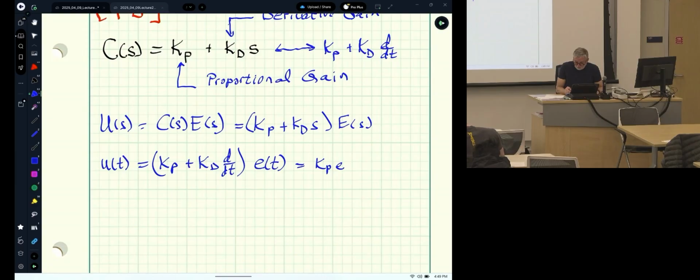So it's got a proportional term on the error, and it's got another gain on the derivative of the error.